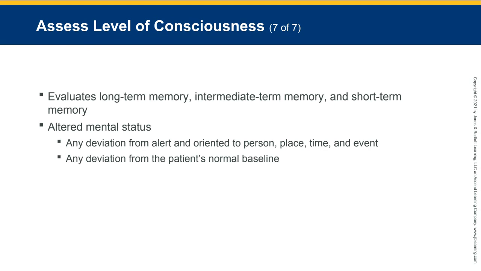So the person, place, time, and event evaluates long-term memory, intermediate-term memory, and short-term memory. Altered mental status is any deviation from alert and oriented to person, place, time, and event, or any deviation from the patient's normal baseline.